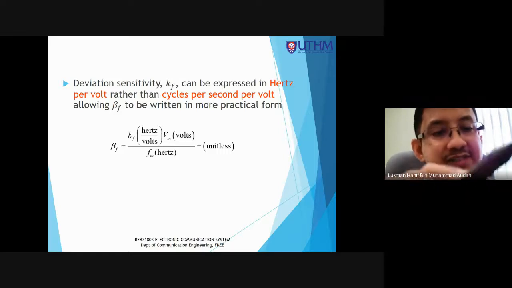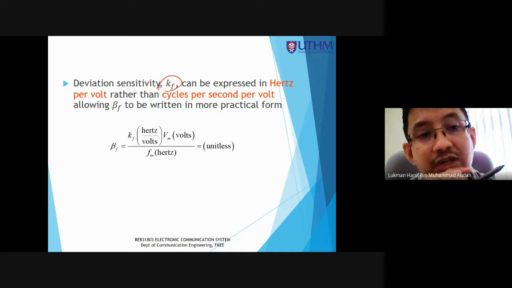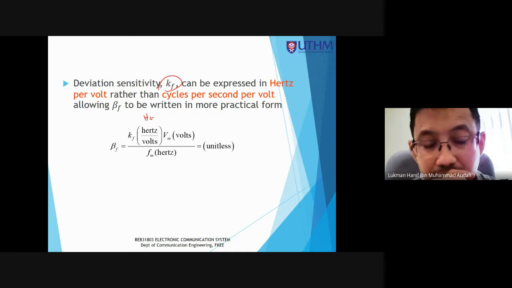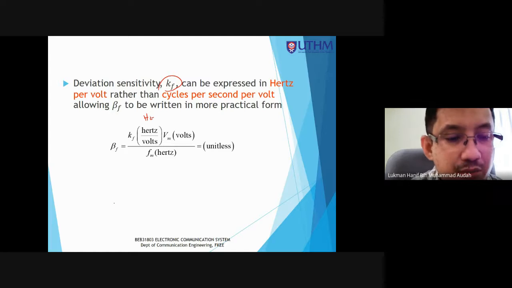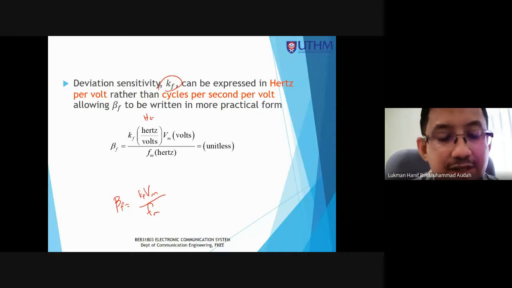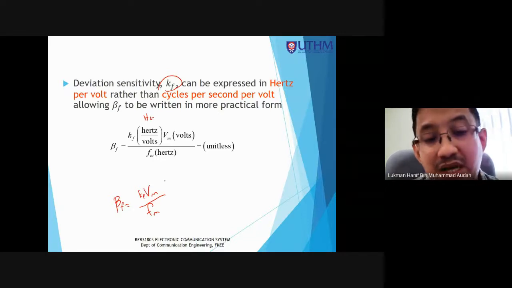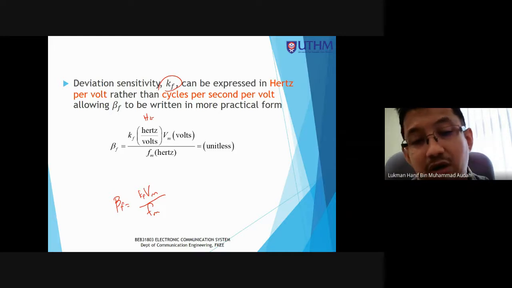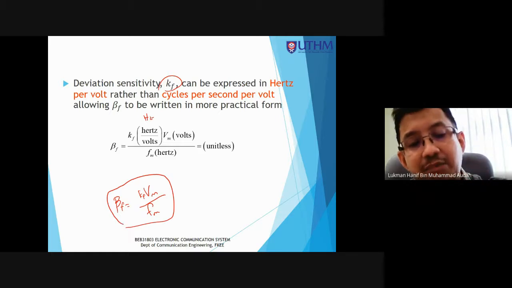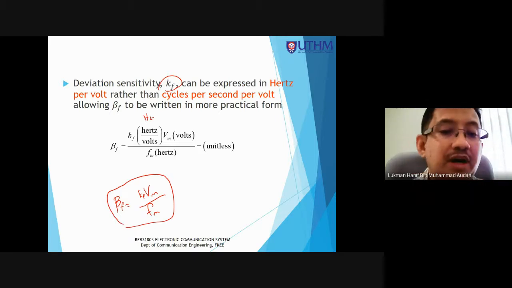So, if let's say kf is equal to hertz per volt, therefore, we can rewrite the equations to become like this. Kf Vm over Fm. So for this one, actually yang ini dia dapat dengan cara membahagikan 2 pi atas dan bawah.